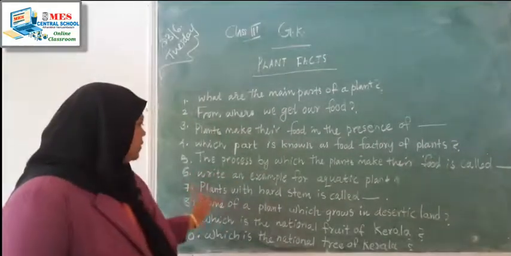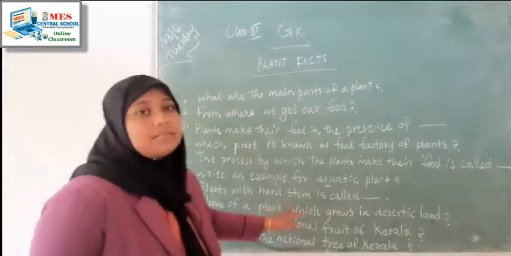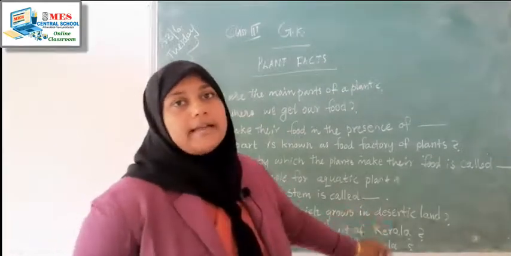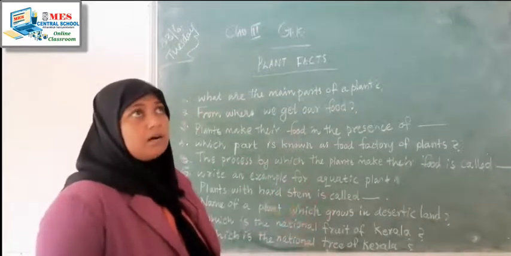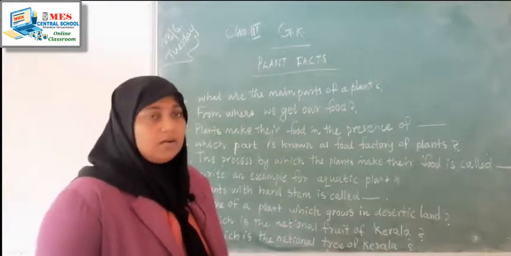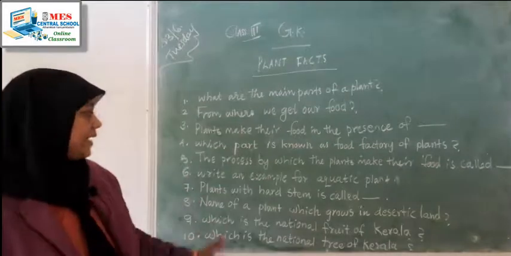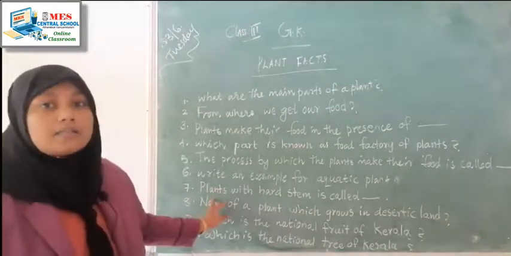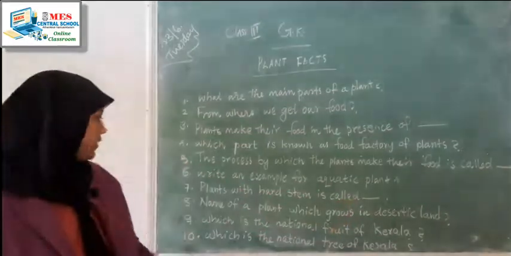And the seventh question is, a plant with a hard stem is called dash. Plants are divided into many types. Some are very huge, some are small, and some are very small. So they have different names. You write the name of the plant with a hard stem.